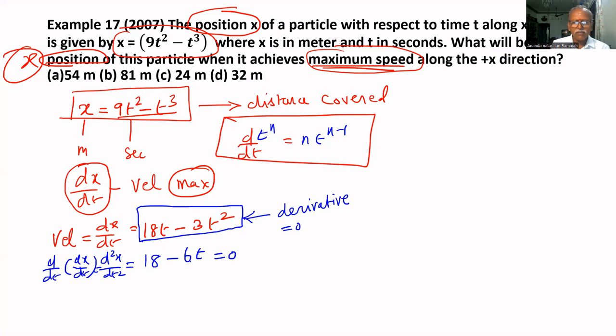So 18 minus 6t equals 0 means 6t equals 18, or t equals 3. So when t equals 3, speed will be maximum.